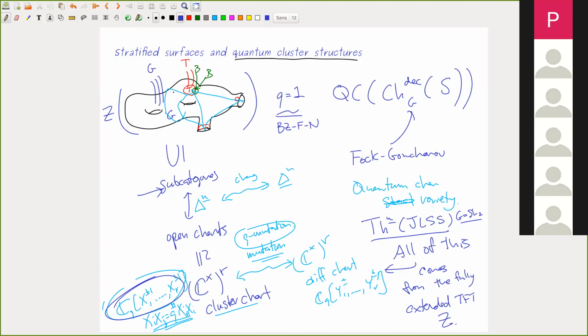Or another way to say that is you're gauging the moduli space so that it has fewer stabilizers. And so the precise appearance of these moduli spaces in Kapustin-Witten theory, I'm not sure I would be the right person to answer that, but I imagine some other people who might like to speak up may say a bit more about it.